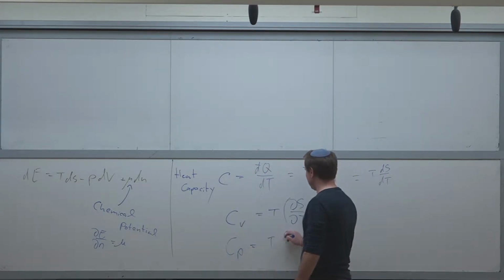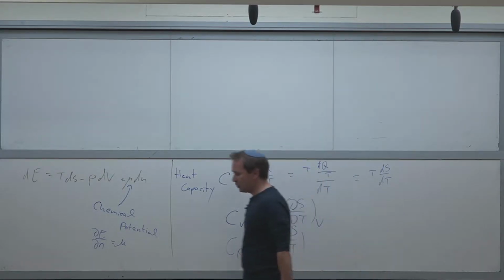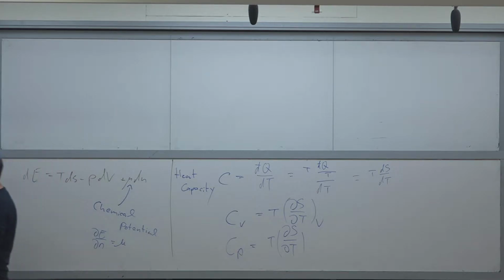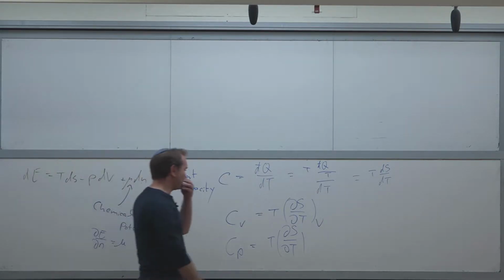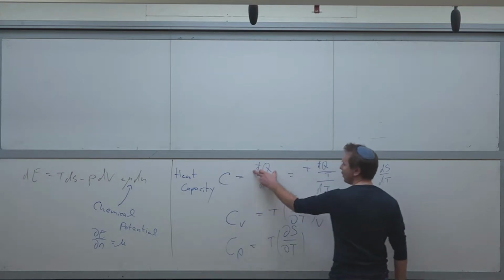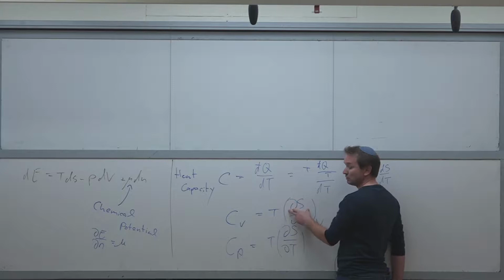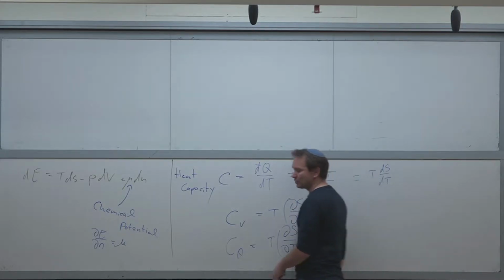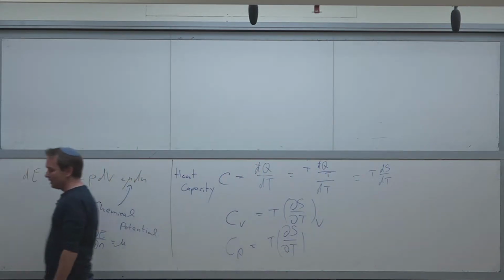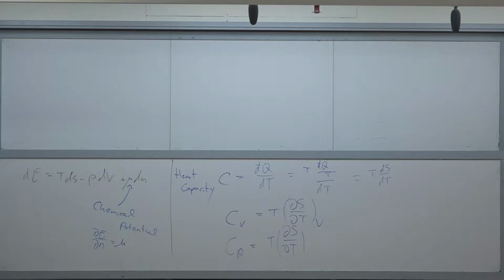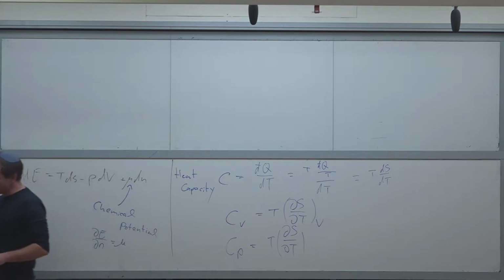It's T times how the entropy is changing with the temperature. So heat is related to entropy. We will discuss it maybe again later. We see that the heat capacity describes how much heat in the system changes with the temperature, and it's related to the entropy of the system. The problem with entropy and the problem with heat is how do we measure it? Okay. All right.